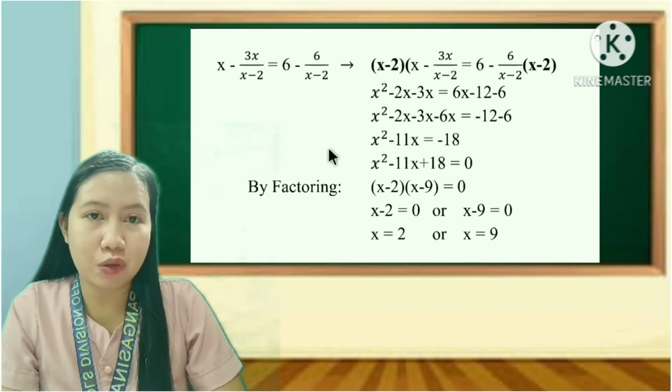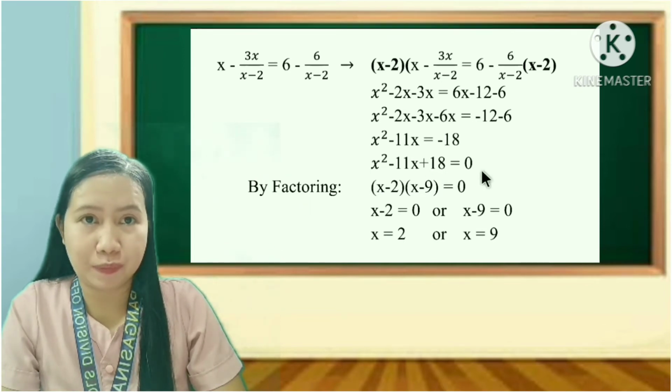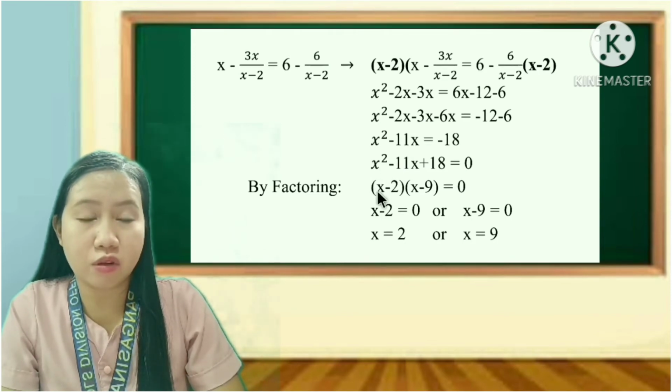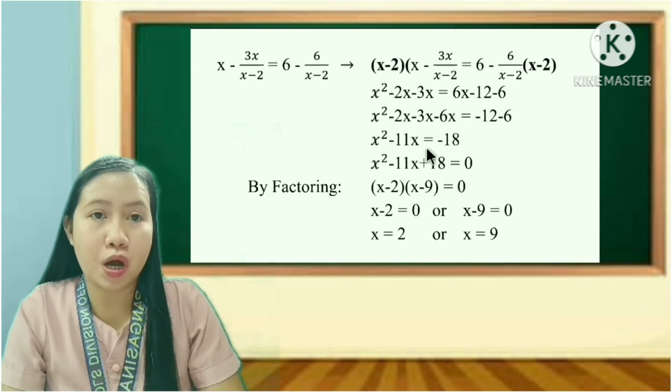So again, I use the method of factoring to get the roots of our standard form equation. Let's see what are the factors of x squared. Again, x and x, so we put the first x on the first parenthesis and another x on the second parenthesis. Next, take a look at the 18.